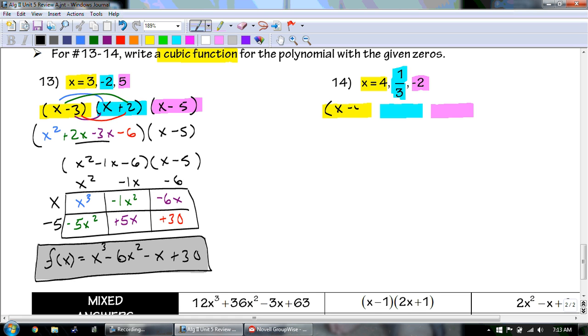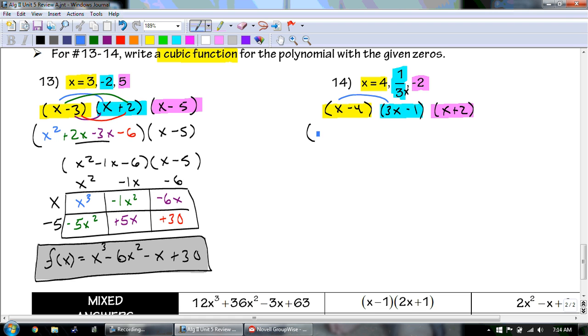So it's x minus 4, x plus 2. And then remember that this is our x, so it's 3x. And then I take the opposite of the 1, so it's a -1. If you need more help on that, please watch the 5.5 videos. Okay? So, same thing, same first step.